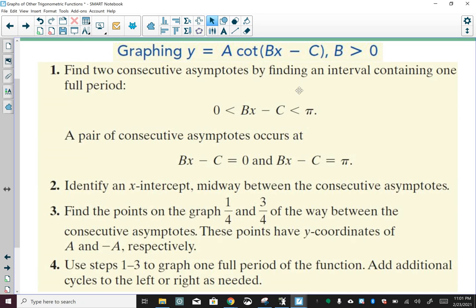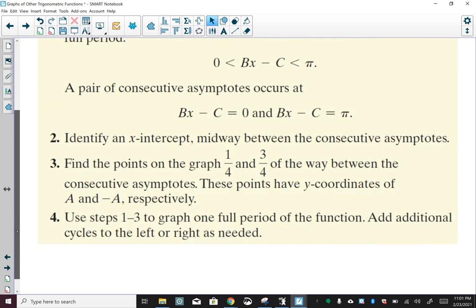So this is where you're bounded out. You're still at an interval of pi, except now we can go back to 0. Once you do that, halfway in between is your x-intercept, and then your points where -1 and 1 are going to come up.